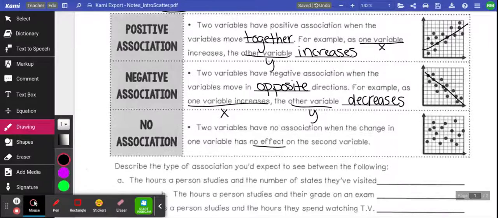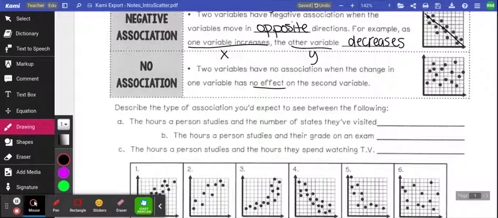So let's look at some examples real quick without any graphs. These are just words. Describe the type of association you'd expect to see between the following. Again, our two pieces of information that we're looking at for this first one are the hours a person studies and the number of states they visited.